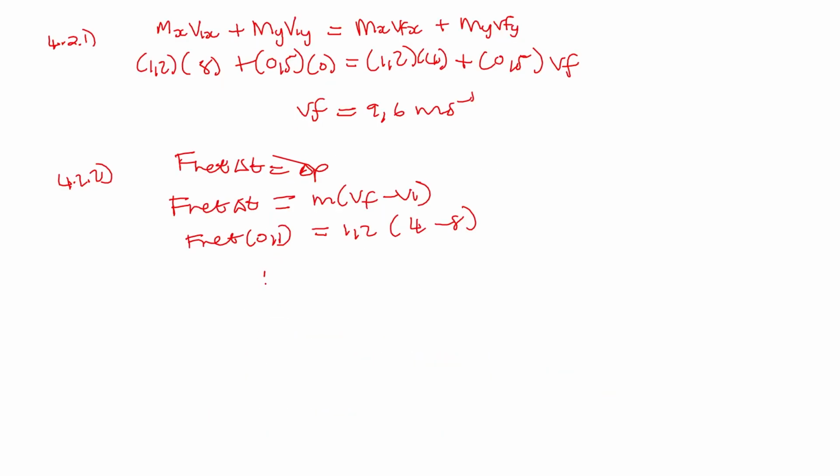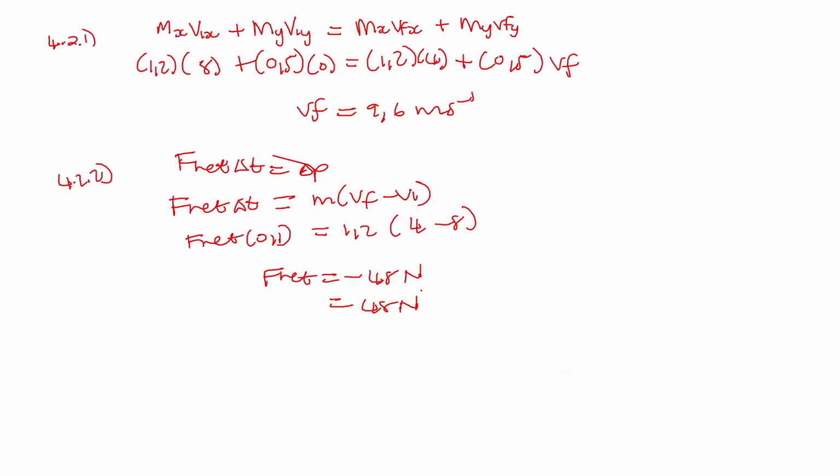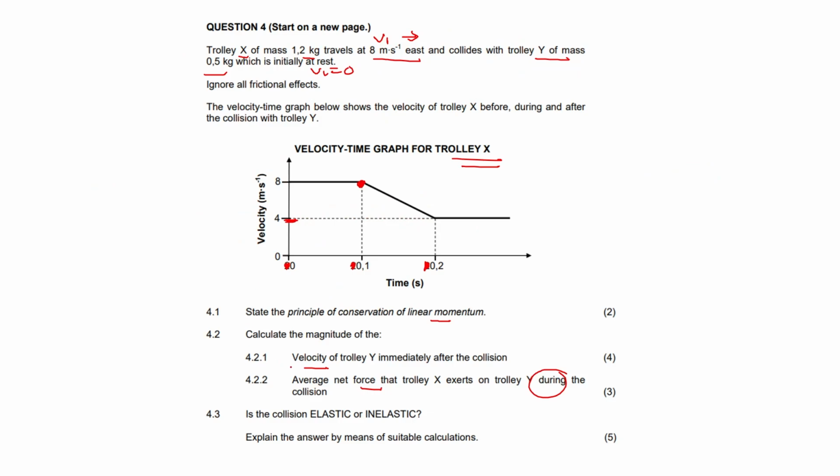Then we get our net force. We do our math magic and we get negative 48 newtons, which you can then equate to 48 newtons. They did want the magnitude, so you don't have to write any direction. I just want to inform you that I took east, to the right, as positive in this question.